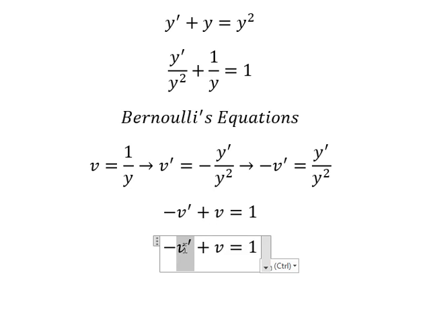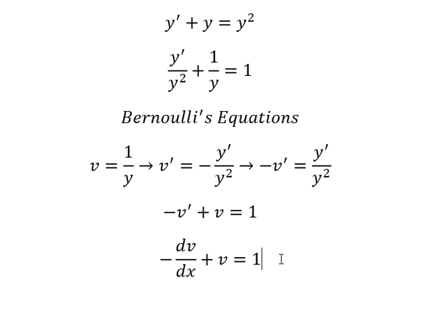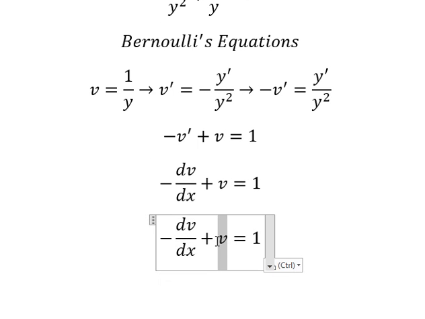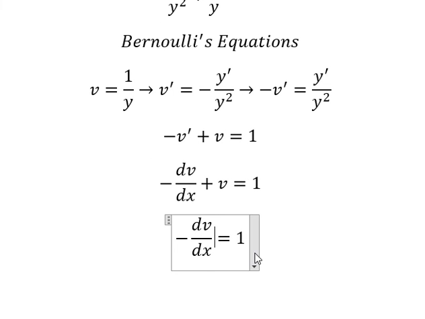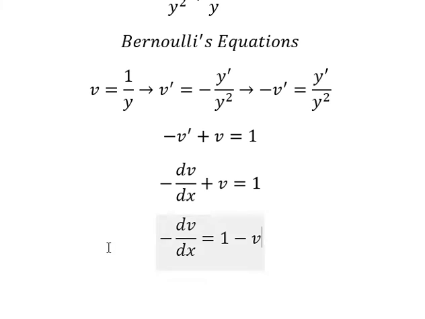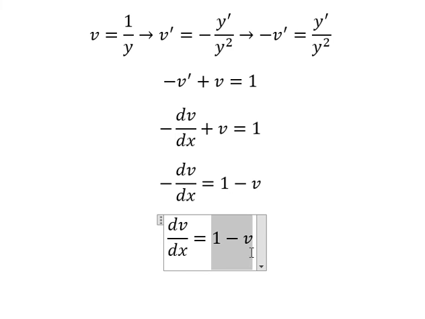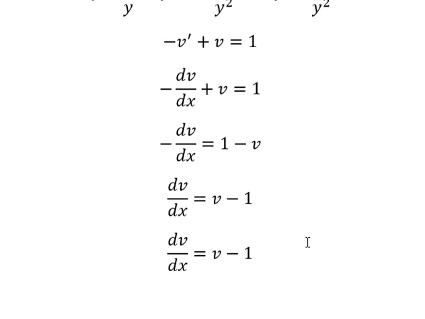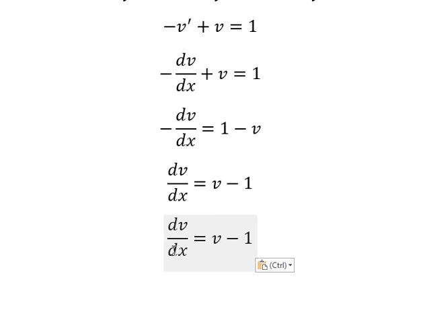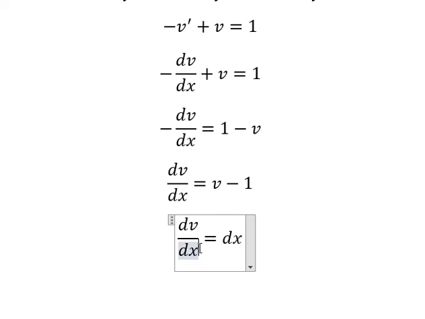So this one we can put into dv over ds. Now about v, I will put in here. The negative I will put on the right, and we have v minus 1. This one I will put on the left, ds will put on the right.